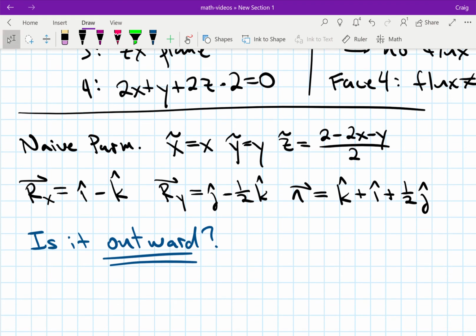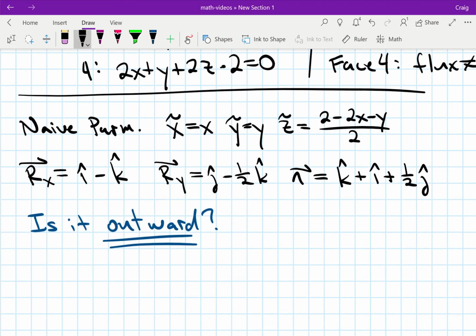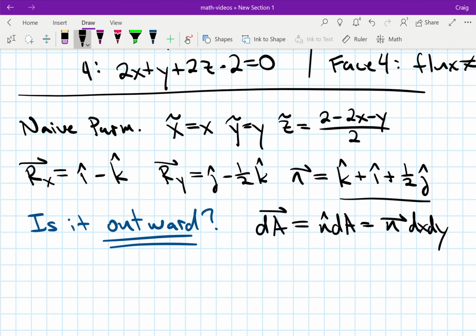Okay, so we're good. That means the integral that I have to do, so the total flux through that surface, so our area element, dA vector, which is also known as n hat dA, is just n dx dy, where this is n, that's the outward normal vector, not unit normal, but it's the one that has the right measure when we multiply it by dx and dy.